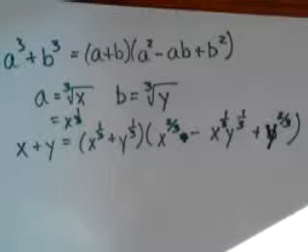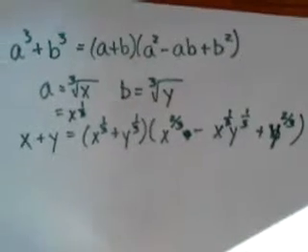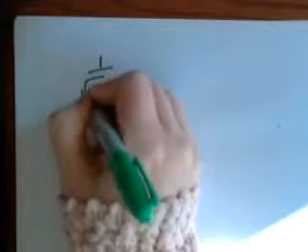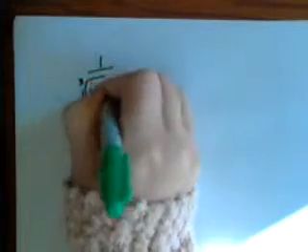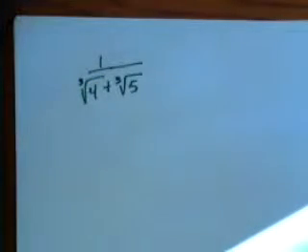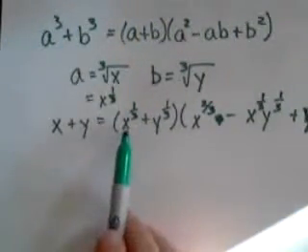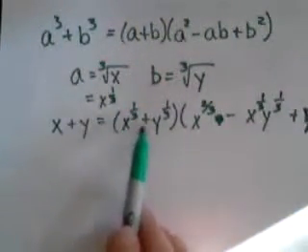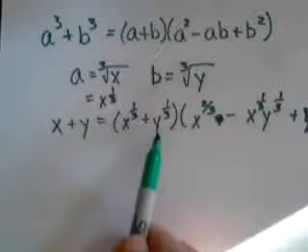Well, if we think about this, our problem from the book is actually 1 over the cube root of 4 plus the cube root of 5, right? If x was 4, this would be the cube root of 4 plus the cube root of 5.